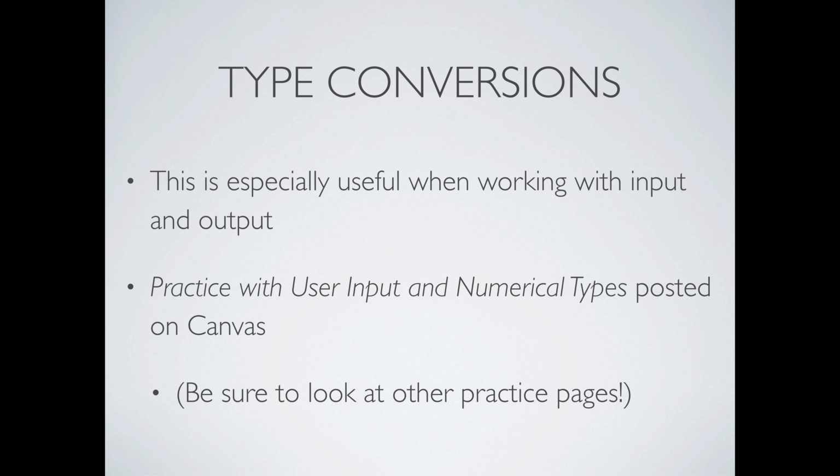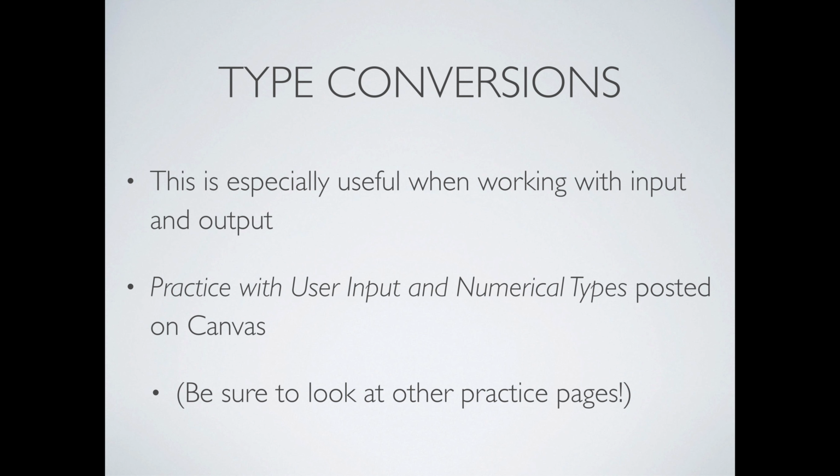Why am I talking about this? Well, it's super important when you're working with input and output. With input specifically, you know how when we were talking about input, variable name equals input some prompt, right? We talked about input and output last week. So whenever the user types in something on the keyboard as a response to that input prompt, whatever is stored into that variable is going to be stored as a type string.